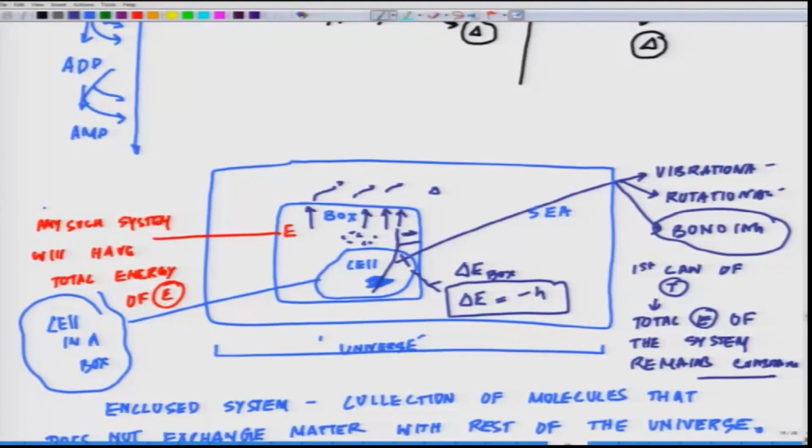The energy E in the box decreases when heat leaves the system. So, in other words, as the heat energy is moving out of the system, this leads to a lowering of energy of the system.